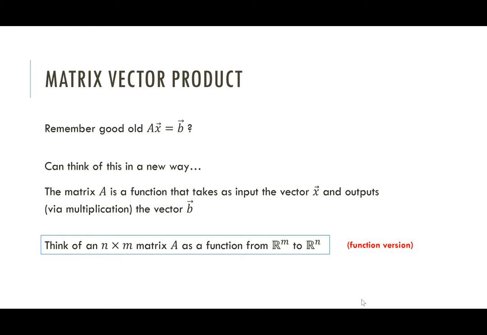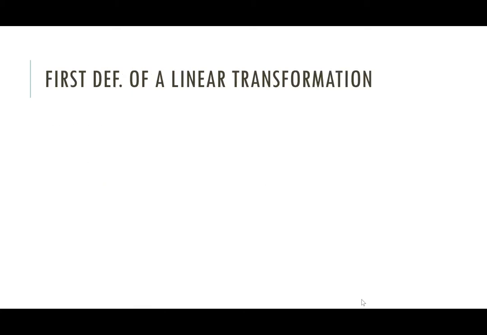Okay, so I guess I'll call this the function version of the matrix vector product. And this leads us into our first definition of a linear transformation. So there are lots of possible transformations, which is just another fancy way of saying function.